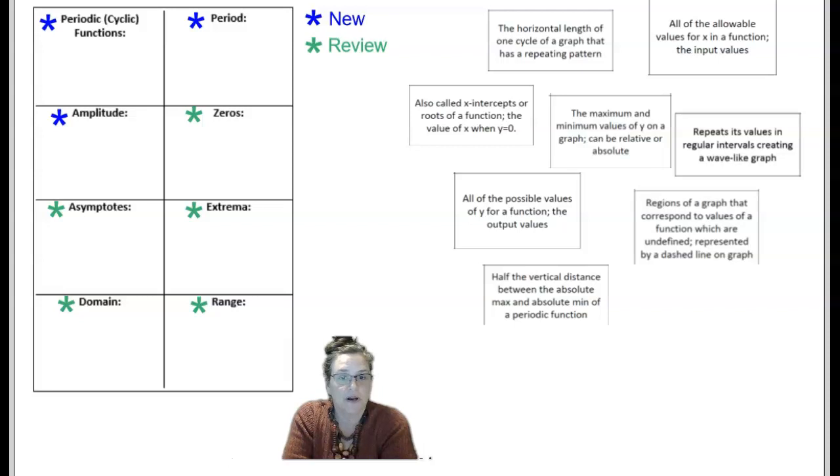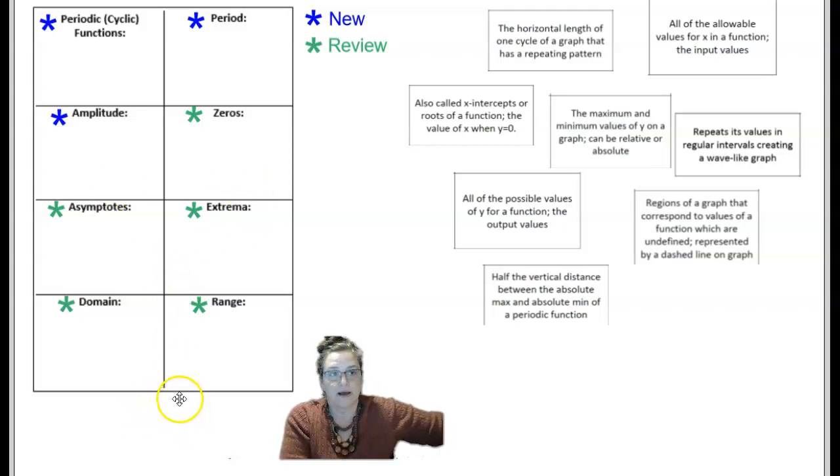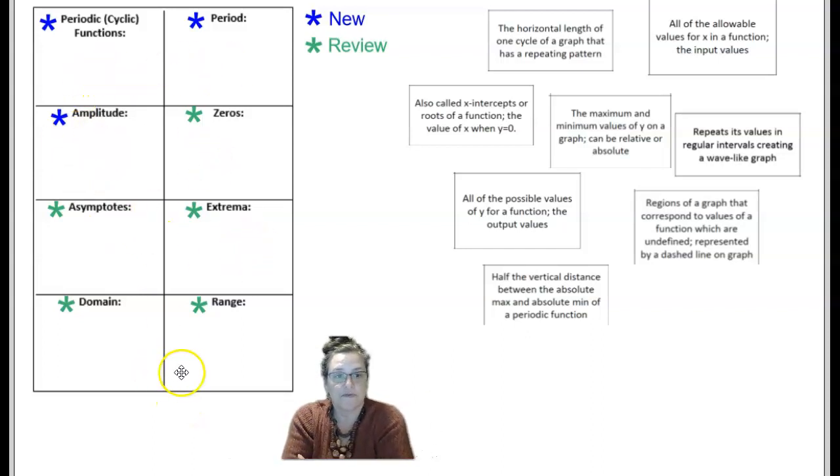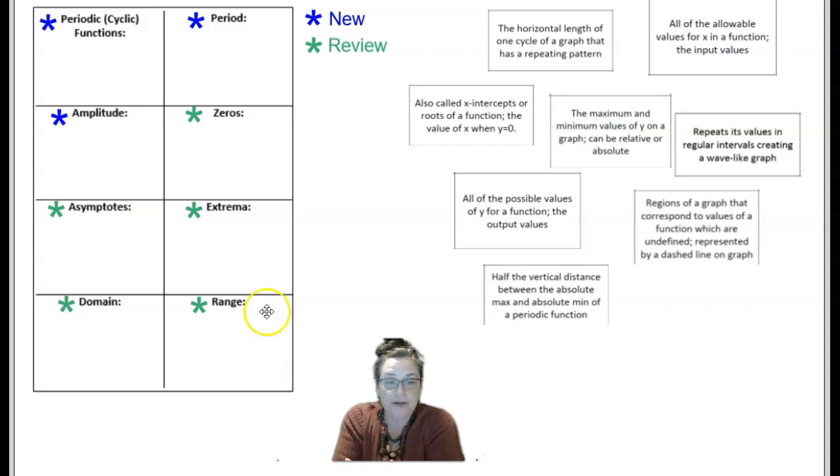So we're going to start on the back of that foldable notes booklet, and you'll see a box for each of the vocabulary terms. If you want to pause the video, the ones that are marked with a green star here, these are review from our very first unit of the year. So it's been a while.